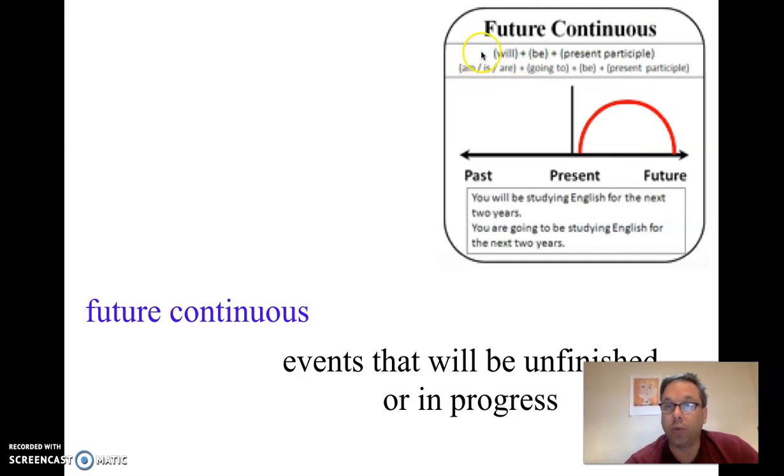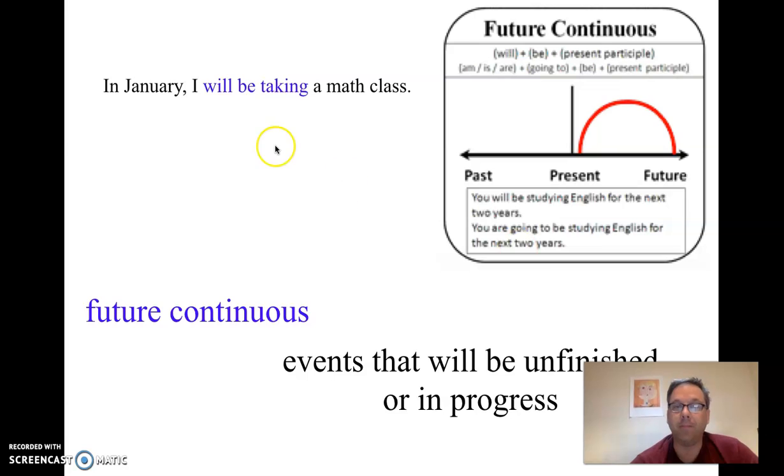For this one, we use will, be, and the present participle. The verb with the ing. The ing tells us usually that something is happening over and over, right? Continuously, at least when it's a verb.